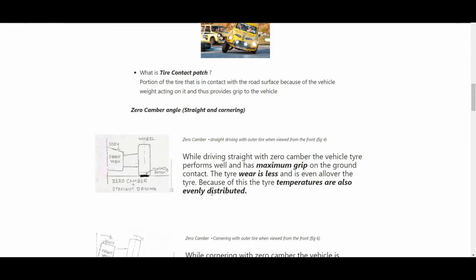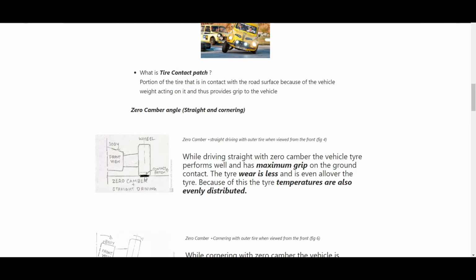Now, before going deep into this topic, we need to understand what is tire contact. The portion of the tire which is in contact with the road surface because of the vehicle weight acting on it is called the tire contact patch. If this is the tire when viewing from the front and there is some vehicle weight acting on it, then the tire will have a certain amount of contact at the bottom with the road surface.